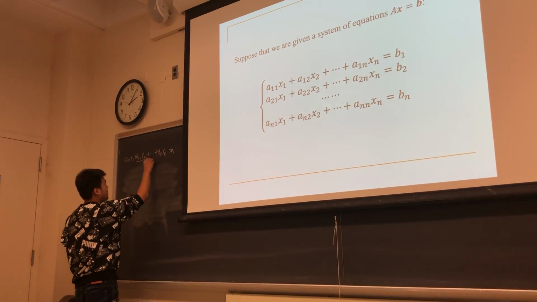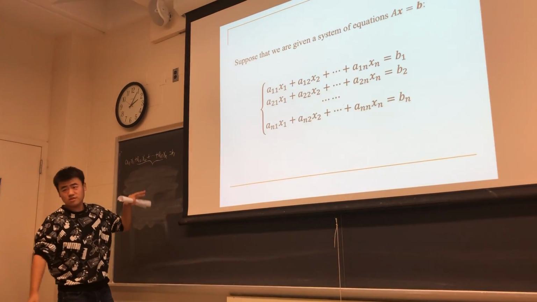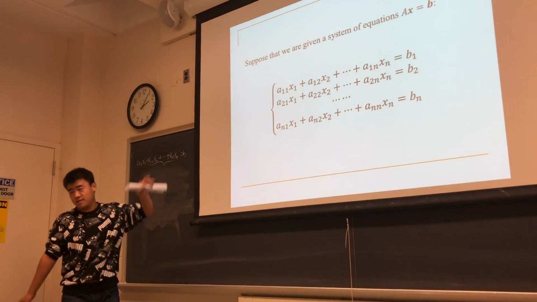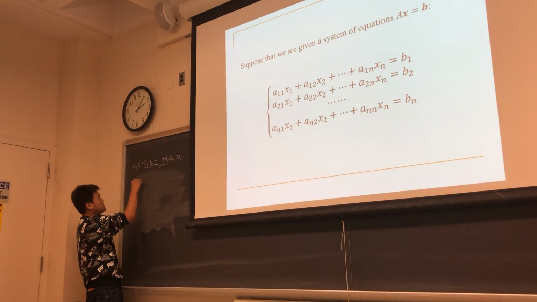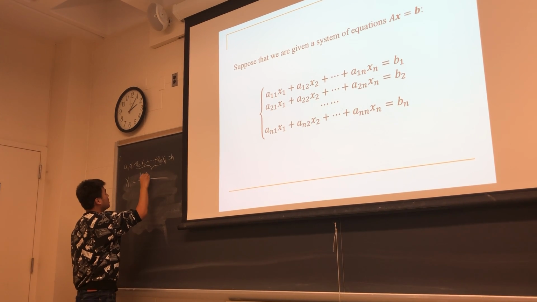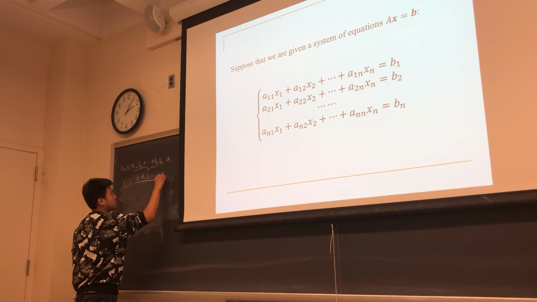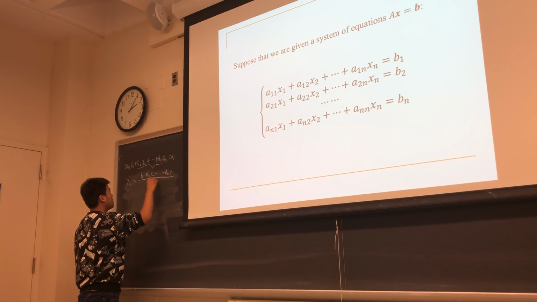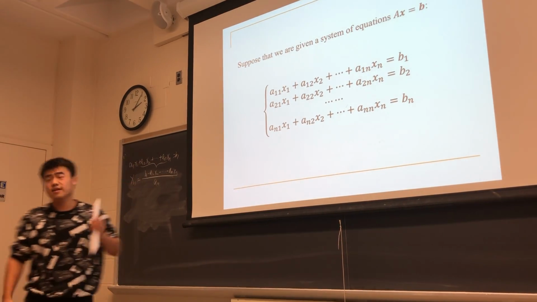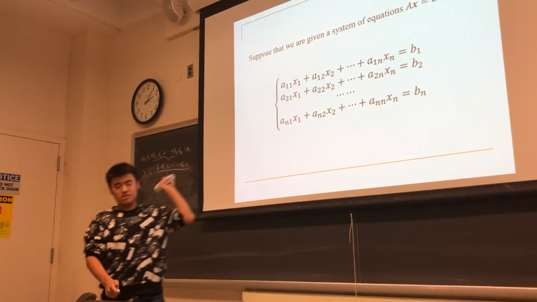I move the other terms to the right side of the equation, and then divide by a11, and then I get an equation like this. That is b1 minus a12x2 minus ... minus a1nxn, all over a11. So this is the equation. I transform the first equation into this equation.